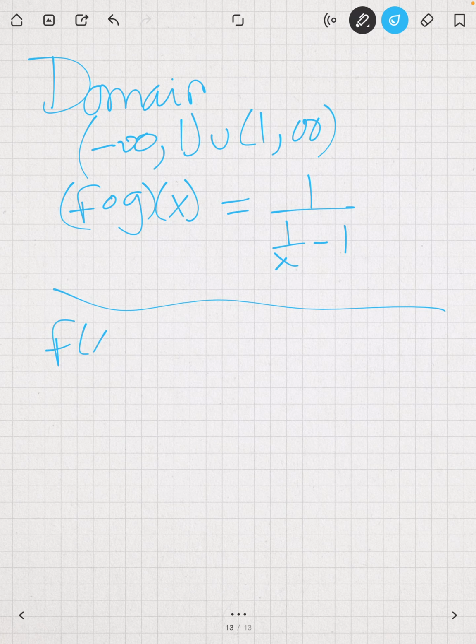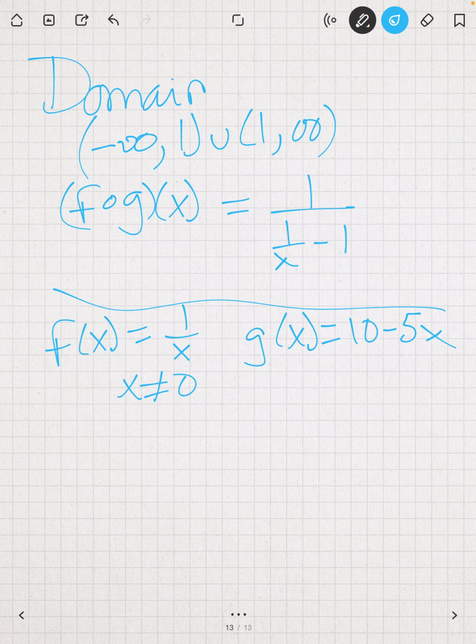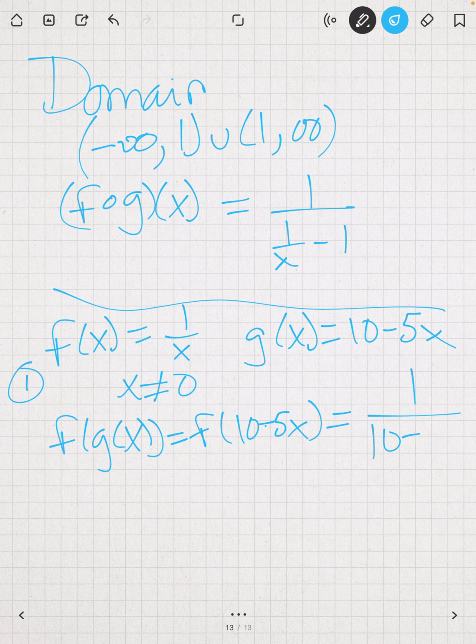Let's do the same here for f of x equals 1 over x, and g of x equals 10 minus 5x. So first, x can't be 0, step 1. Then f of g of x is f of 10 minus 5x, which is 1 over 10 minus 5x. Well, 10 minus 5x can't equal 0, so if 10 equals 5x, x equals 2.